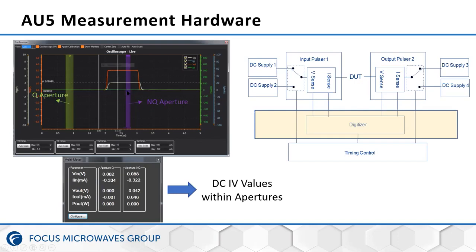These small segments are called apertures. So we have both a non-quiescent aperture and a quiescent aperture. The final values displayed in the IV characteristic curve are the calibrated and averaged values within these time segments.